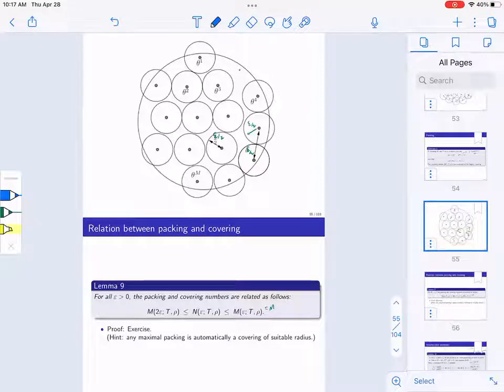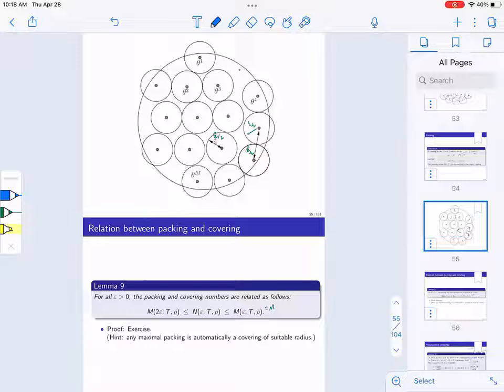What is wrong with this argument that I'm having? So this is an epsilon packing. If I put a ball of radius epsilon over 2, they're not going to touch. Now suppose this is maximal. I put a ball of radius epsilon, and then I can find a point that's not in either one of them.